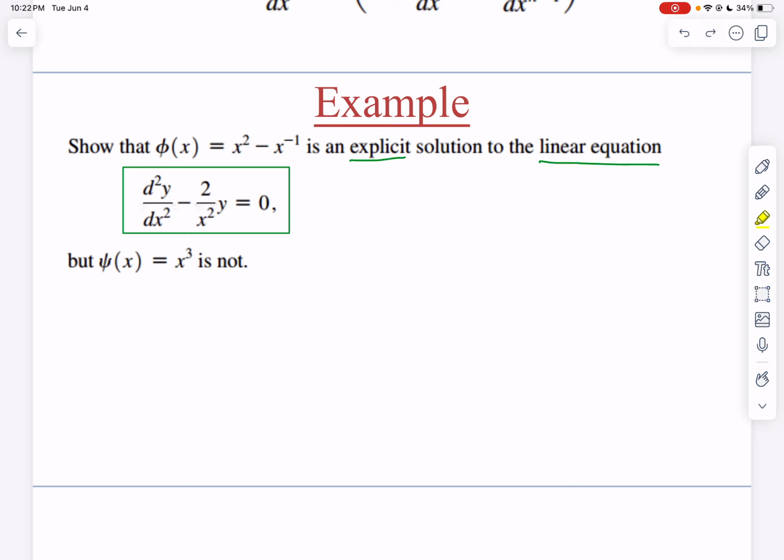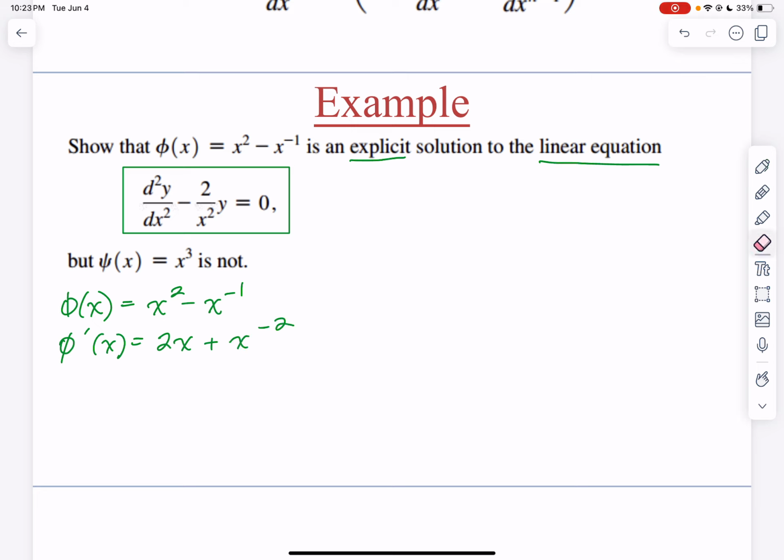And so what do we need to do? Let's go ahead and use phi of x, and let's go ahead and find that first derivative. So let's rewrite this. This is x squared minus x to the negative 1, and that first derivative is 2x, and then we have plus x to the negative 2.